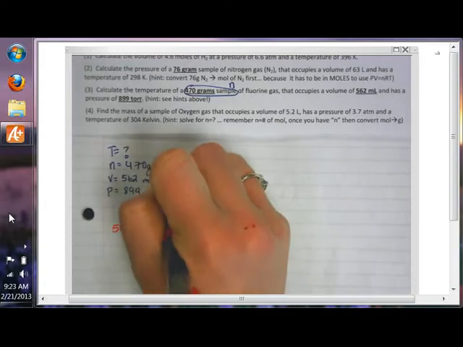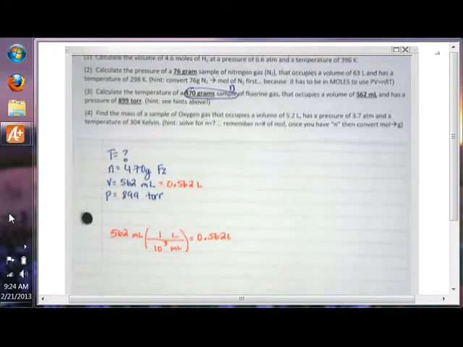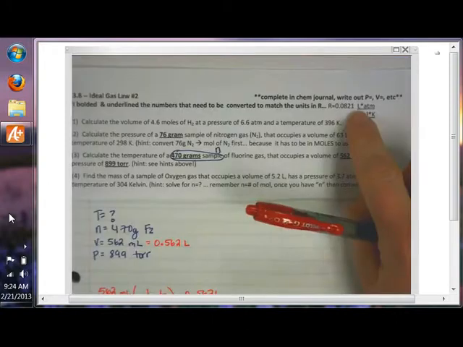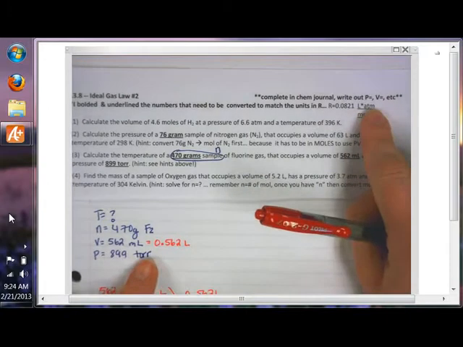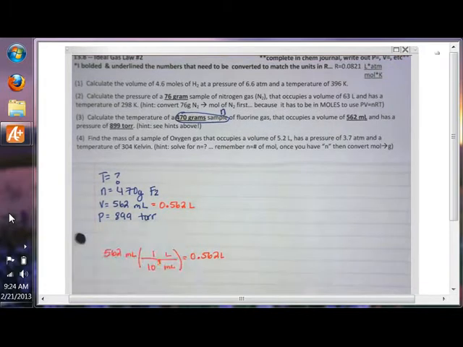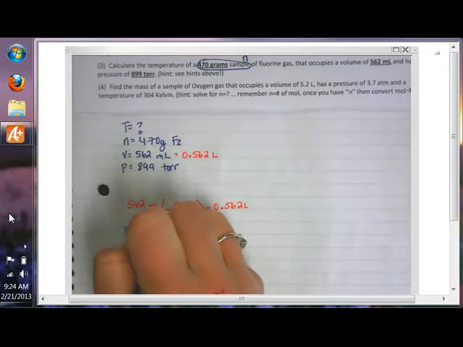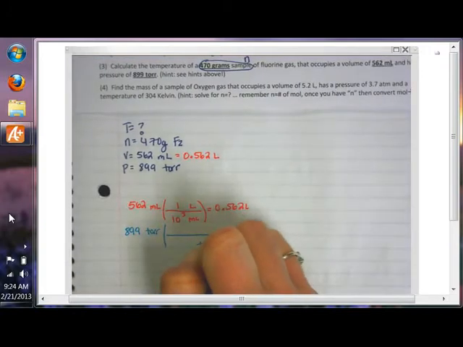So this is 0.562 liters. Now I see liters, ATM. I need to be in ATM for pressure, and they gave me pressure in torr. So I need to convert this torr into ATM. So we've got 899 torr, and I'm going to go from torr into ATM.